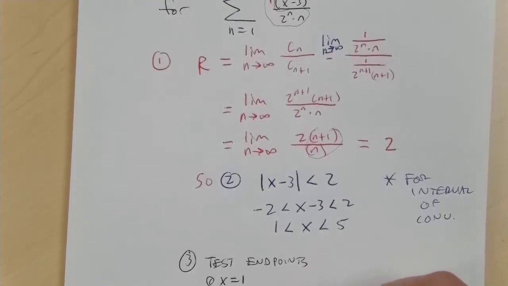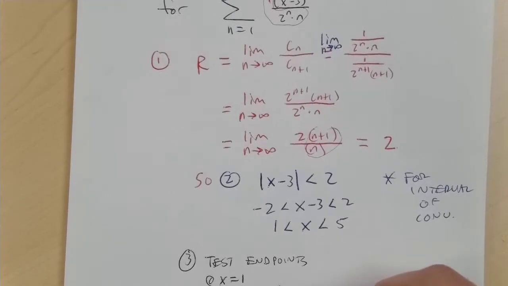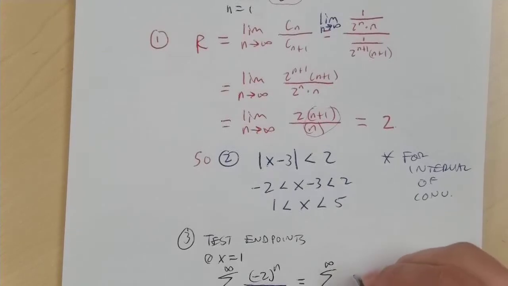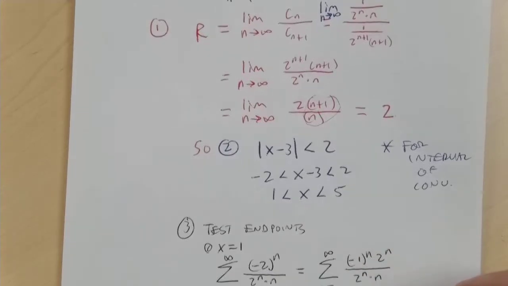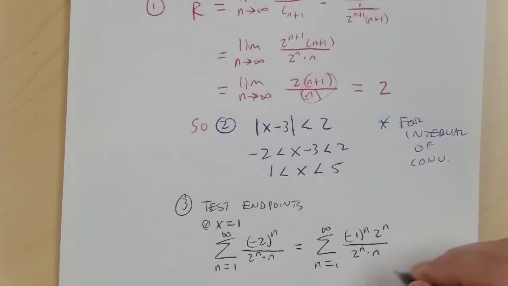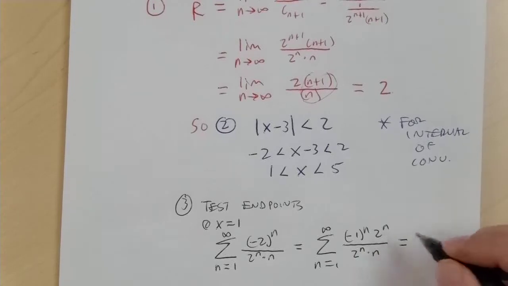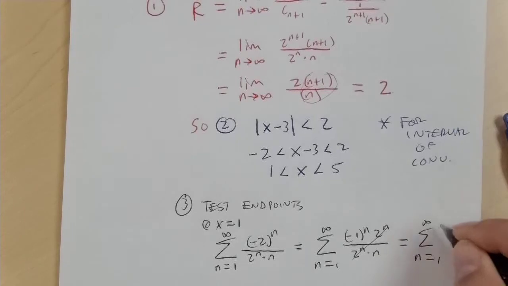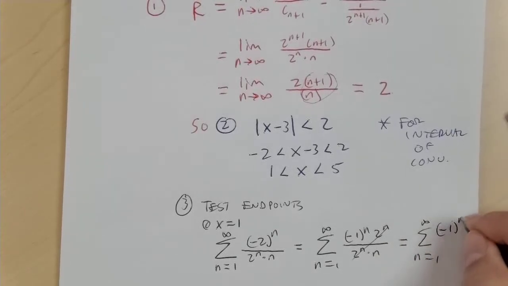And so we have a negative as part of the base. So I'm thinking alternating series here. So let's see if we can write it. Negative 2 to the n is the same as negative 1 to the n times 2 to the n over 2 to the n times n. The 2 to the n's cancel out. So now we're left with the sum from n equals 1 to infinity of negative 1 to the n over n.